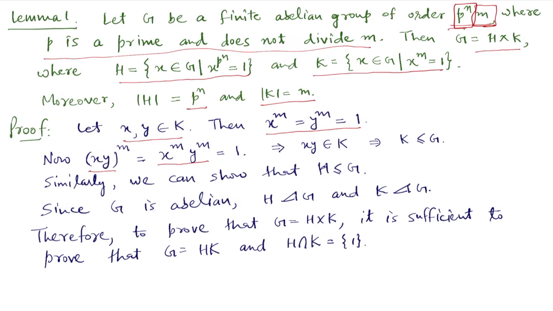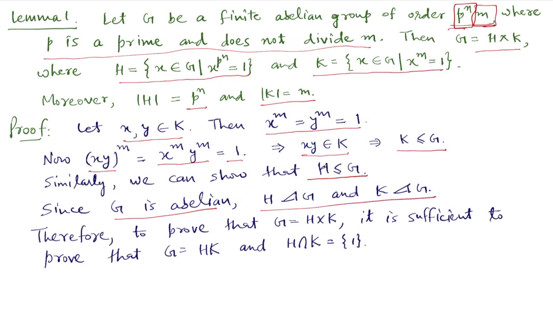So both x^m and y^m are 1, so this becomes 1. So xy is also killed by m, so that means xy is in K, and because K is finite, this shows that K is a subgroup of G. With the same reasoning, we can show that H is a subgroup of G. But G is abelian, so both H and K are normal subgroups of G.